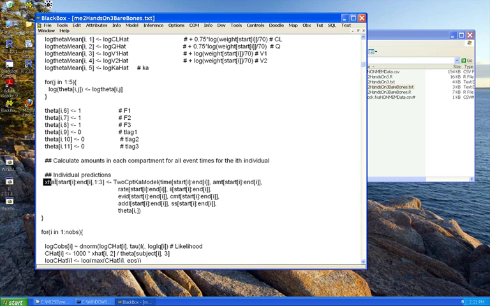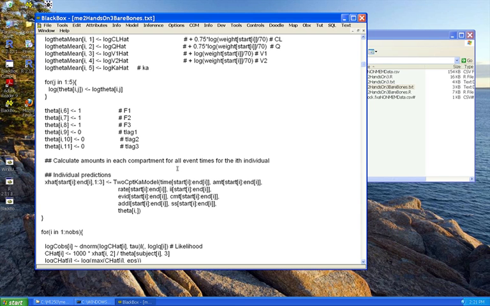Here I give this a name. I called it x hat. Now the quantities that it's going to be returning into this object are going to be the amounts in each compartment at each event time. So that gets us close to the thing we're going to want that's going to be related to our observations, but isn't quite the same as our observations.